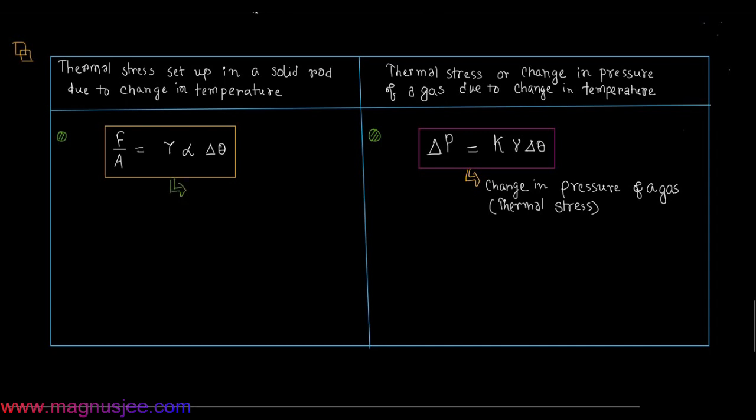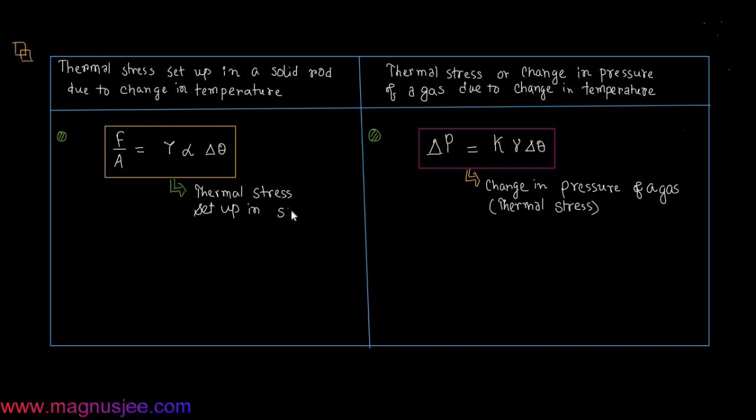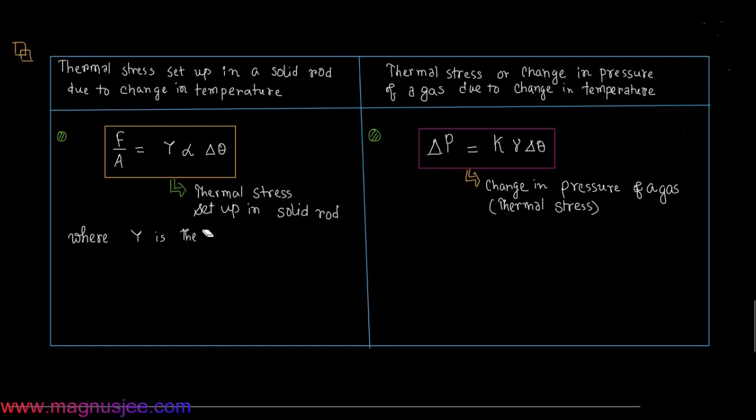And F by A is equal to Y alpha delta theta, which is the thermal stress set up in a solid rod due to change in temperature, where F is the deforming force, A is the area of cross section, and Y is the Young's modulus of the solid rod.